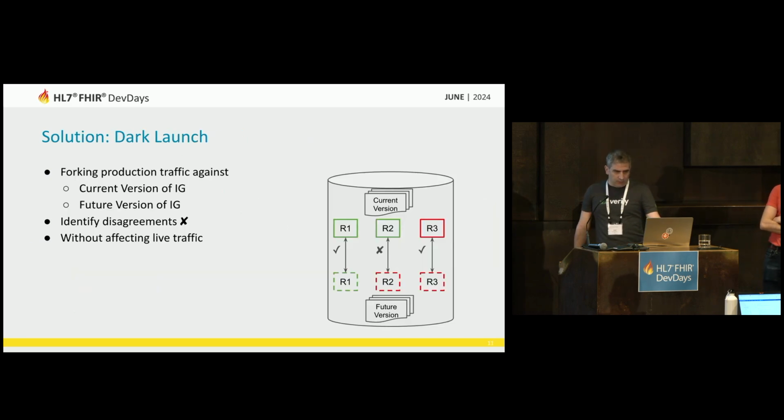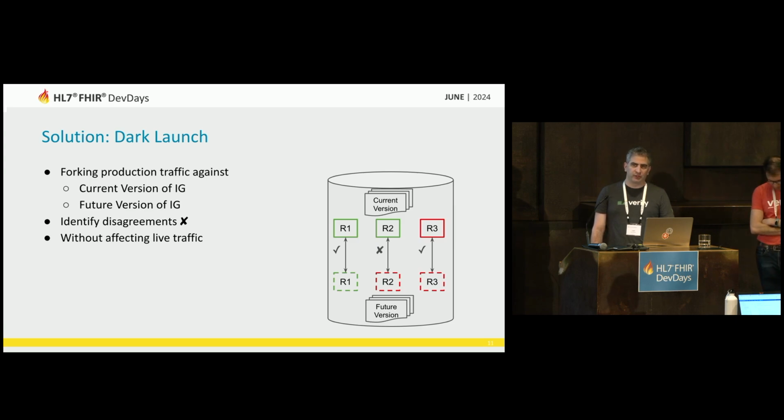Our idea and solution for this is the concept of dark launch. Basically, before making our final launch, we put both versions of the IG in our production system. The production system relies on the current version, but at the same time, we use the production traffic to test the future version.